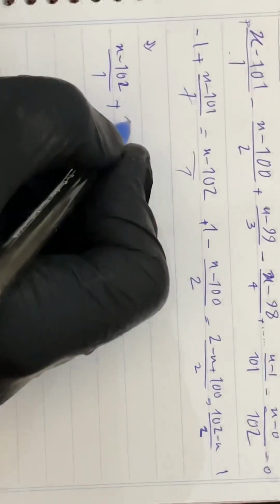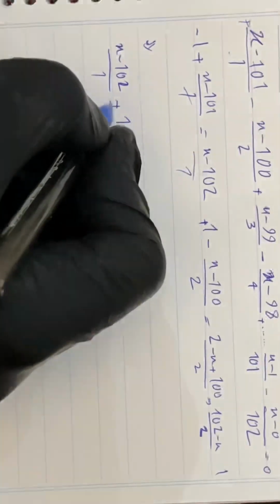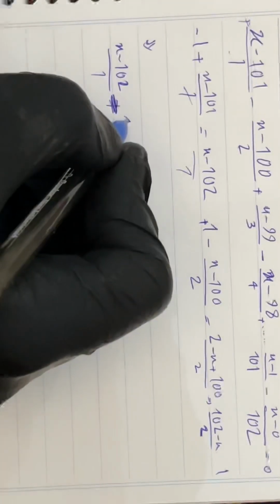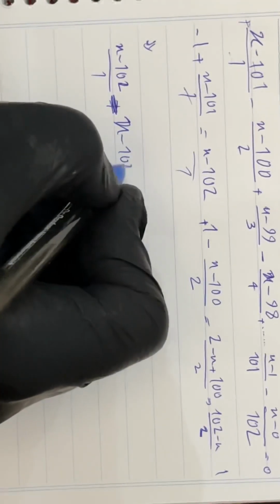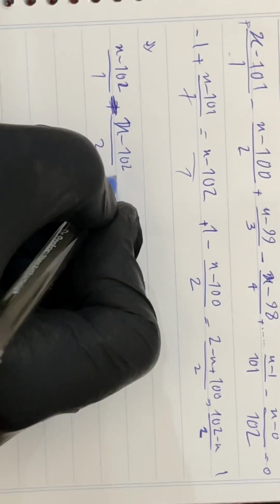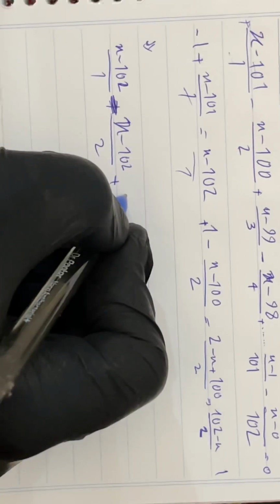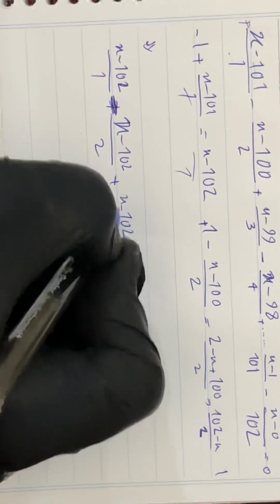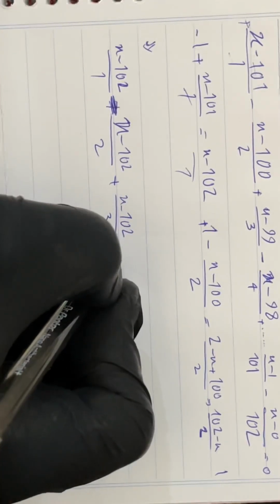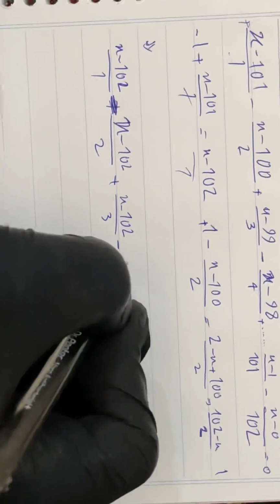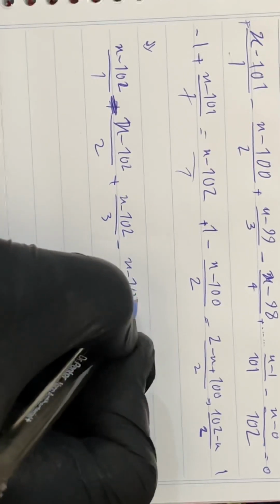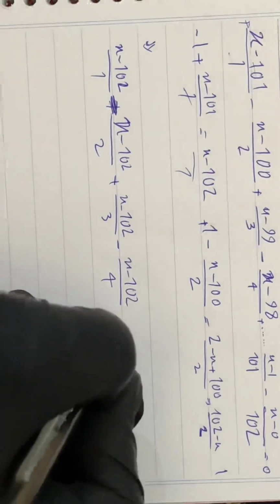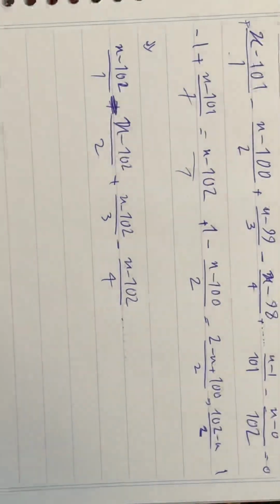Plus, let's just do it the right way, x minus 102 over 2 plus x minus 102 over 3 minus x minus 102 over 4, and so on to the end.